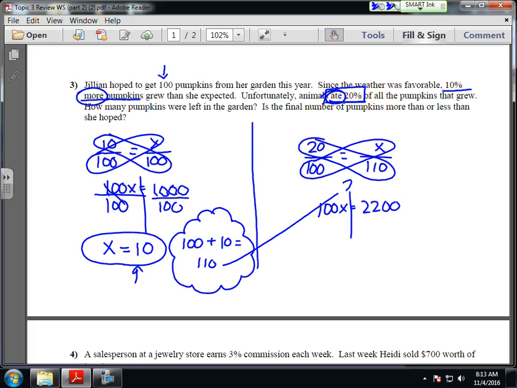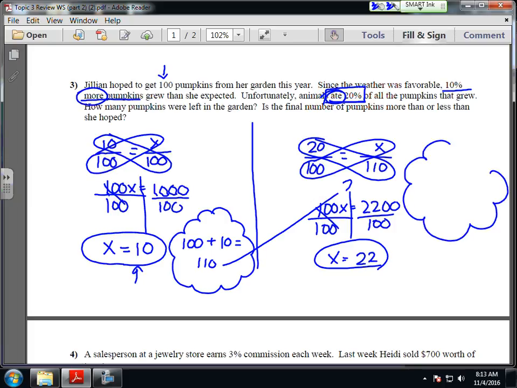Very good. Divide both sides by 100. And we end up with 22. Does that mean she only has 22 pumpkins left out of 110? No, it means I have to go over to the side and figure out the change or the decrease.